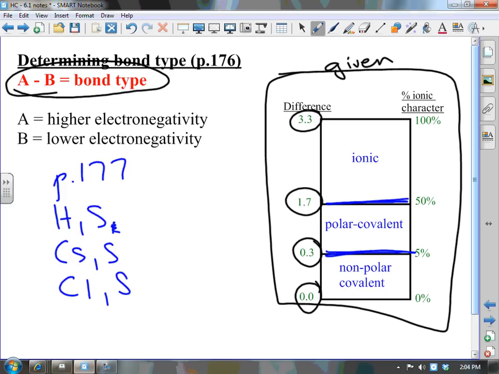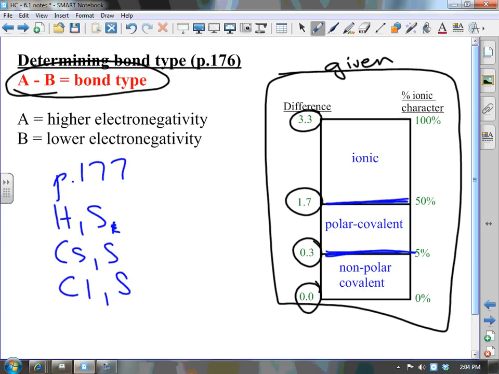So hydrogen and sulfur, the values are 2.5 and 2.1, a difference of 0.4. A difference of 0.4 falls in the polar covalent range. With cesium, the difference is 1.8, which falls in the ionic range. And then chlorine and sulfur, a difference of 0.5, also falls in the polar covalent range.